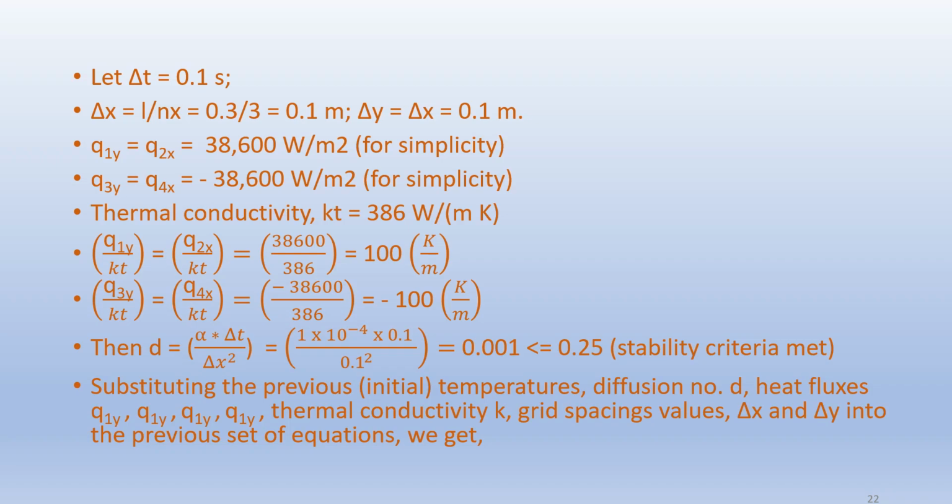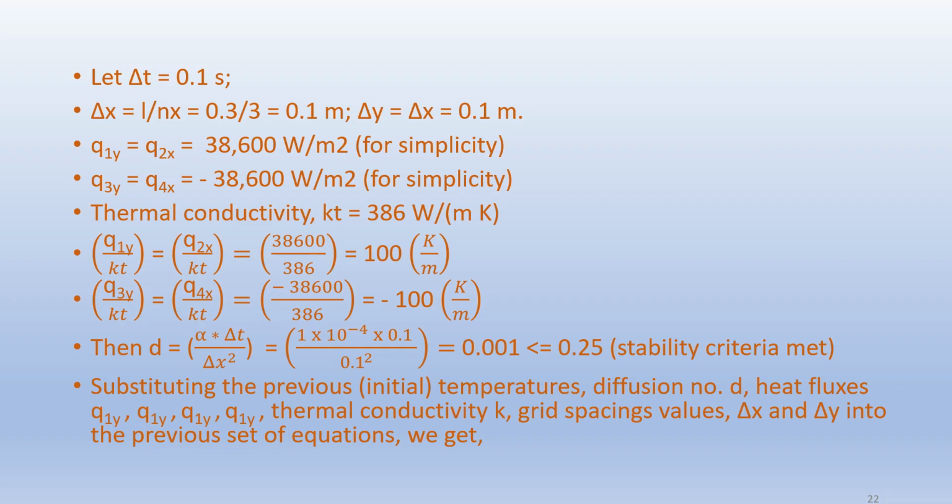Let delta t equal 0.1 second. Delta x equals L over nx, or 0.3 over 3 equals 0.1 meter. And delta y equals delta x equals 0.1 meter. The heat fluxes Q1y equals Q2x equals 38,600, and Q3y equals Q4x equals negative 38,600.